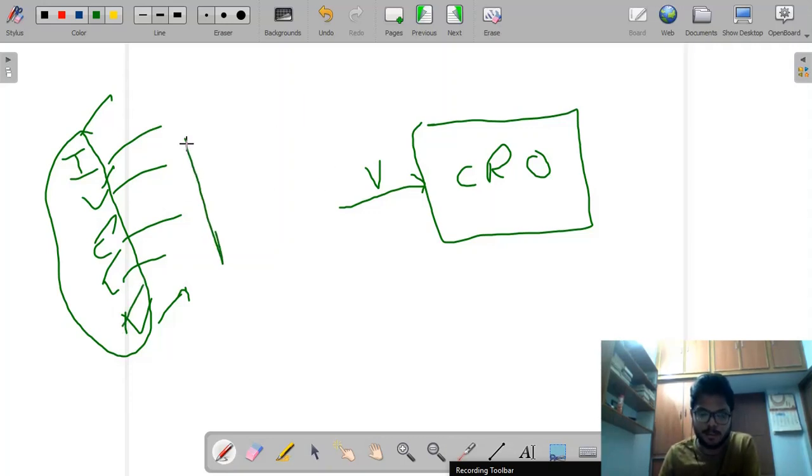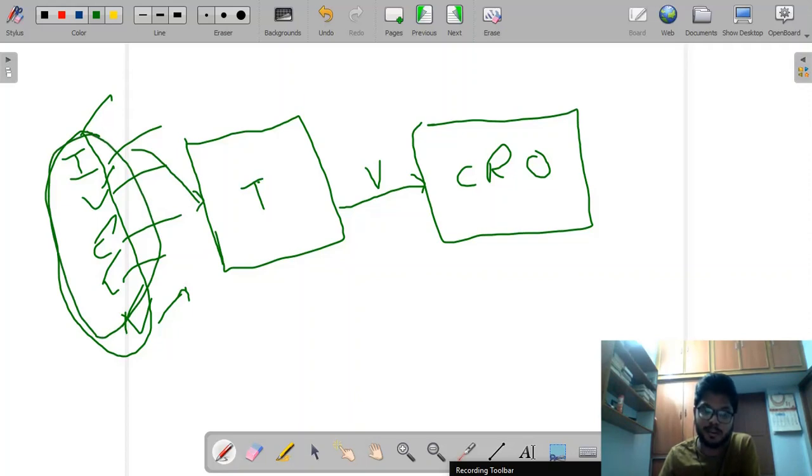Such a beautiful device is known as a transducer. A transducer is a circuit which converts these types of waveforms into a voltage waveform. The voltage waveform is given to the CRT. The CRT will now display our input signal against the time axis. Hope you understand.